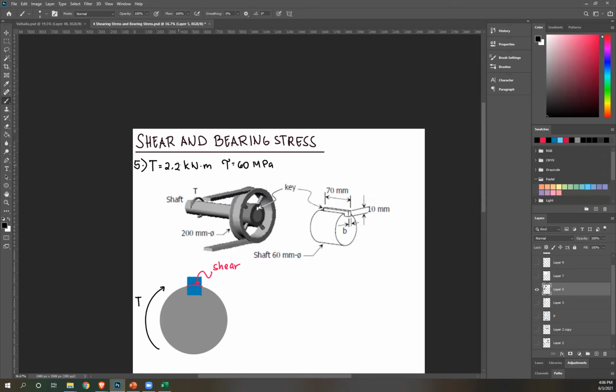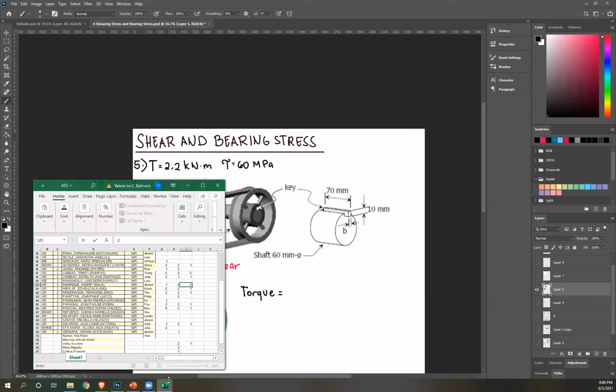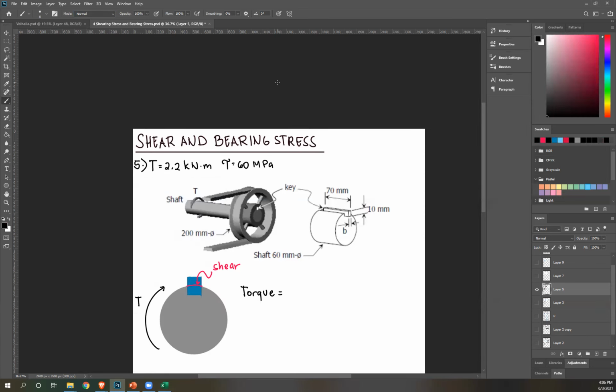Can anybody remember what's the equation for torque? Can you give me the equation for torque from your previous classes? Correct, Tim. It's FD. Or, more specifically, it's radius times force. Very good, Julia.